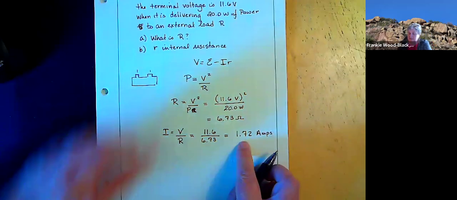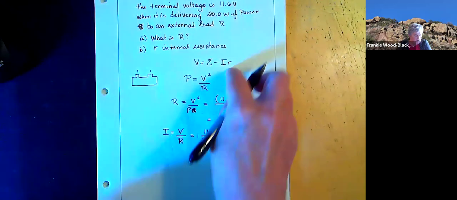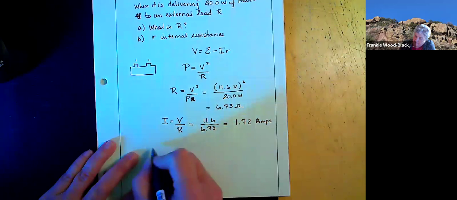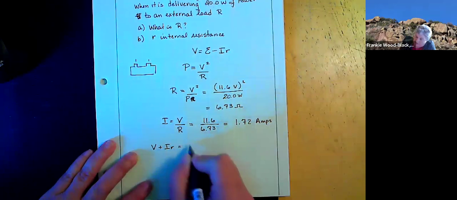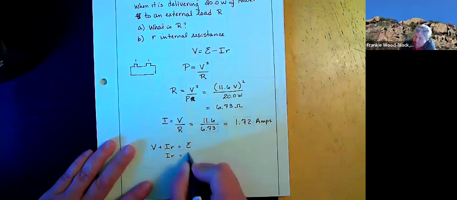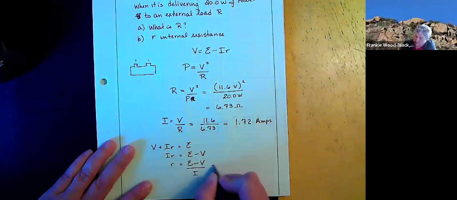Once we know what the current is, we can solve for little r. So V plus Ir is equal to my EMF. I'm going to get Ir is equal to my EMF minus V, and my little r is going to be my EMF minus V divided by my current.